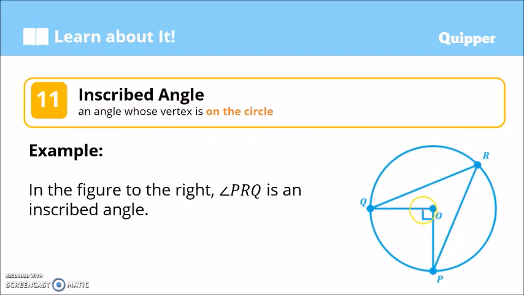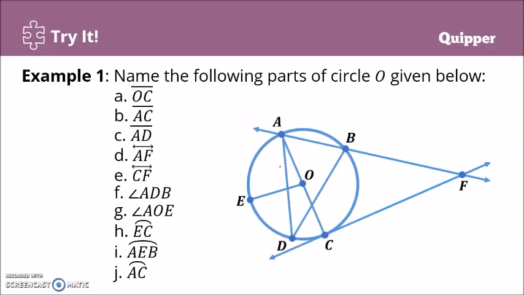So, if this is angle QOP, this is angle QRP, or PRQ. That's okay, as long as the vertex is in the middle. This is the vertex. So, it's an inscribed angle.